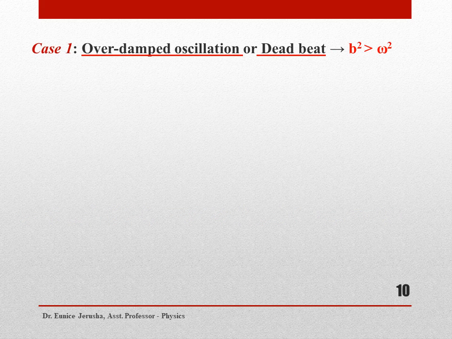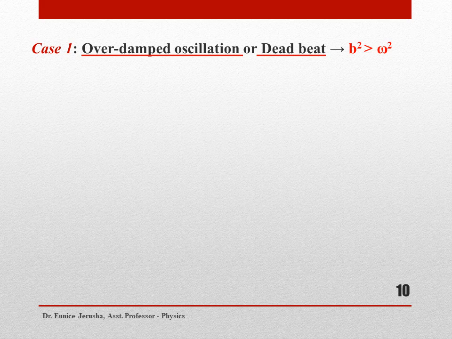It is observed from the equation which we just obtained that y, the displacement, depends on b as well as omega. By modifying the values of b and omega, we can obtain different types of damped oscillations. The first type of damped oscillation we are going to see is the overdamped oscillation or the deadbeat.